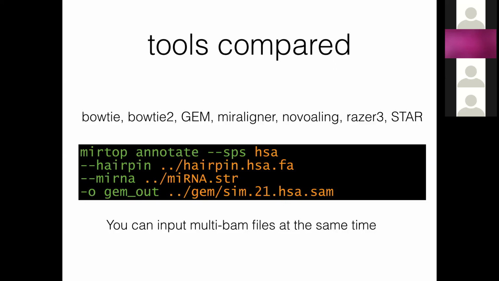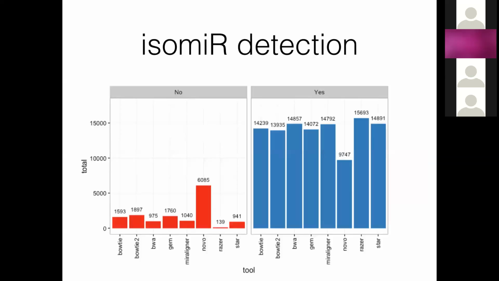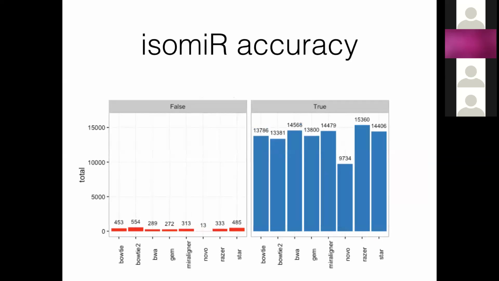So I took the ones that use the precursor to map the microRNA, and then just ran mirtop. This will be the same because at the end it comes from the BAM file. The isomer accuracy will also be quite correlated with before, but it gives you a little more information because it's mapping exactly where the sequence was simulated from.